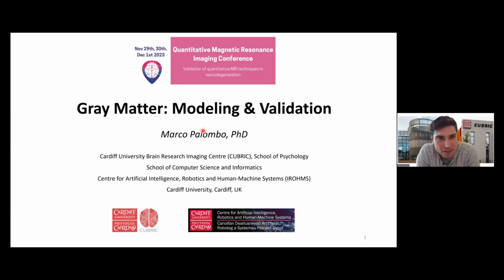The topic I was asked to talk about is quite challenging itself because it's about modeling in the first place, gray matter, and then second is the validation. So I already can tell you there is not much modeling, not much validation in the literature yet in the gray matter when it comes to quantifying gray matter microstructure using diffusion MRI.